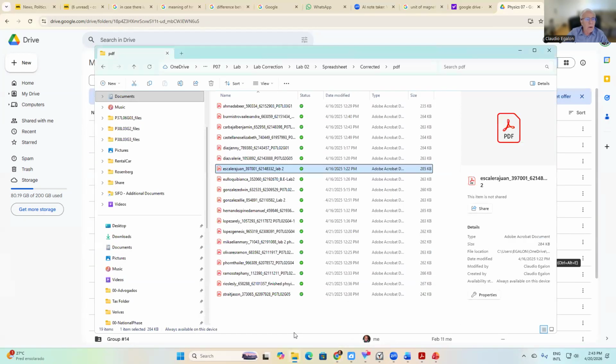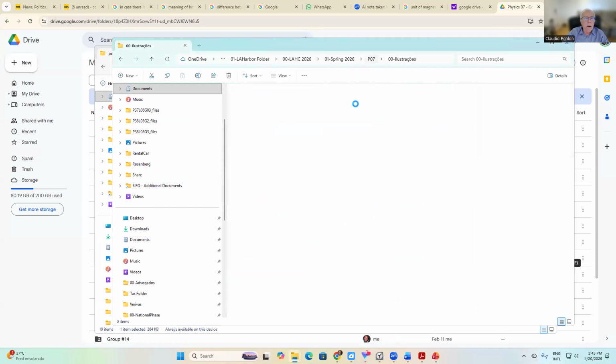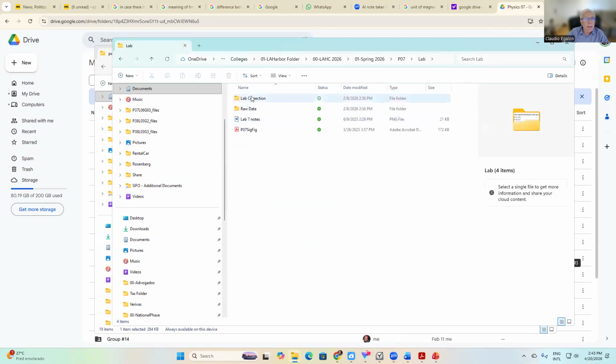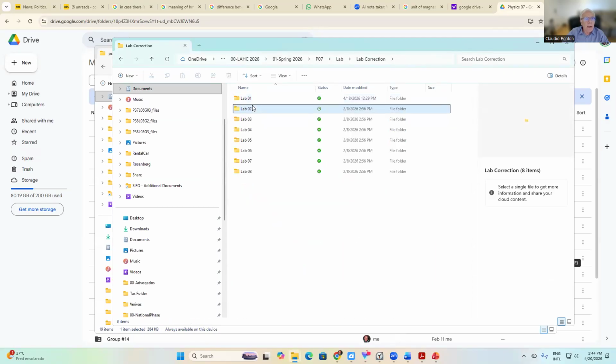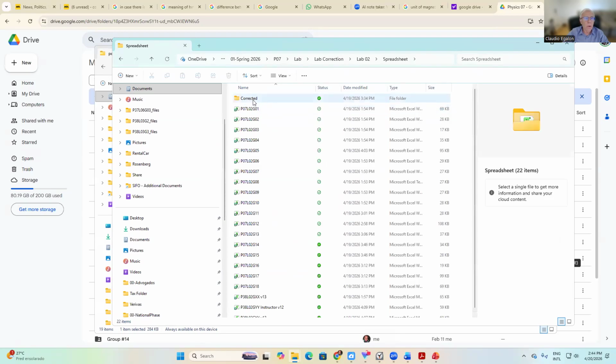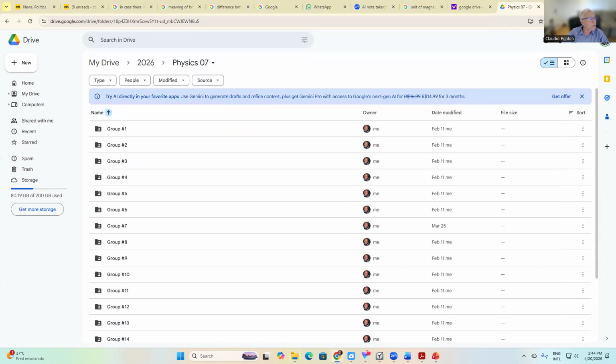Let's see here. Lab raw data, lab correction. Lab 2. Spreadsheets. Let's go. Corrected. Now you're all going to have your lab 2 correction.